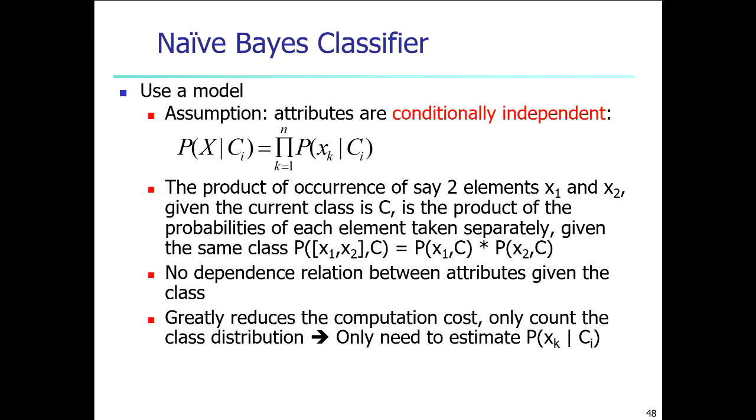For each probability of Xk given C1, if we do the MLE, it would be the number of samples with label Ci where the attribute Ak equals Xk, divided by the total number of samples with label Ci.